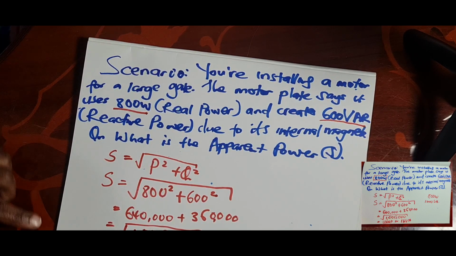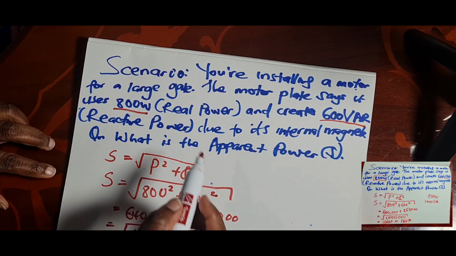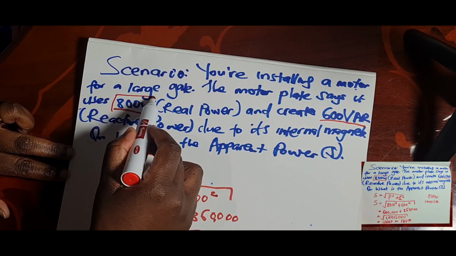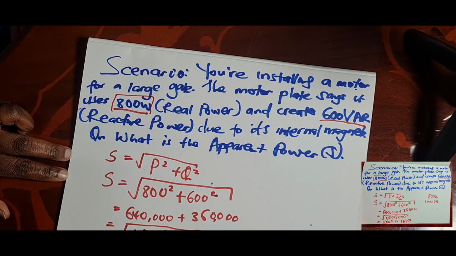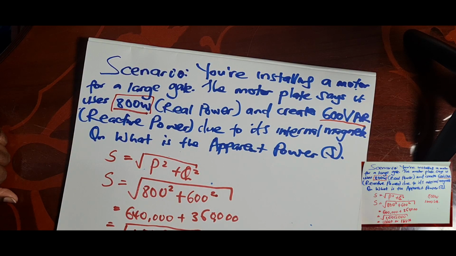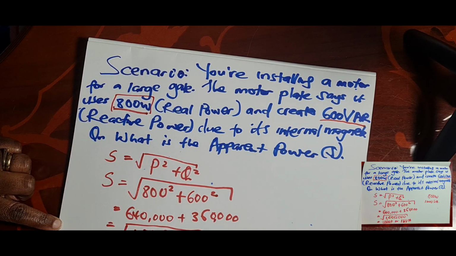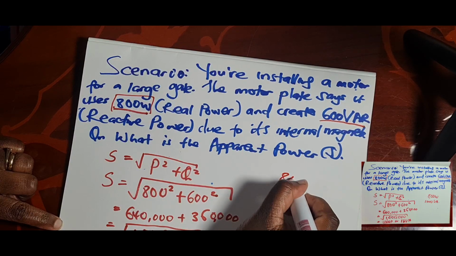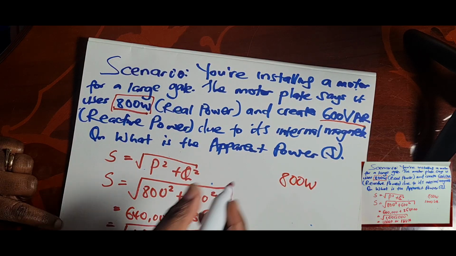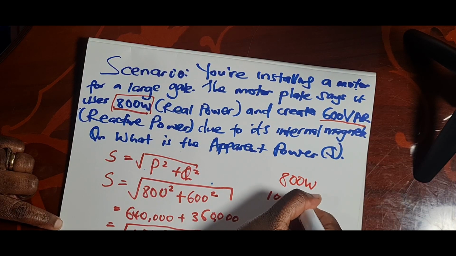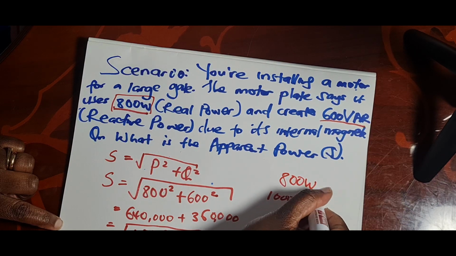Note how the cable has to carry 1,000 VA even though the motor only does 800. So this is our answer. It's carrying 1,000, but we had in our question that the motor only does 800 watts of work. So that extra 200 is the foam we talked about. 800 watts, 1,000 VA.